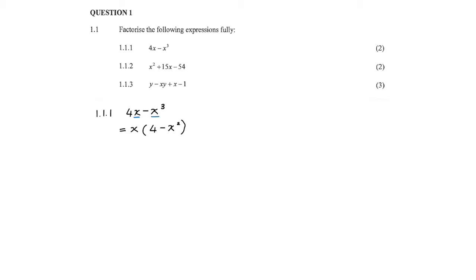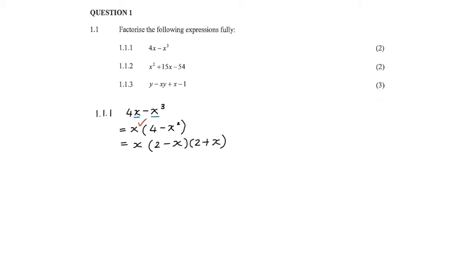Step 2, factor further by recognizing that 4 minus x squared is a difference of squares. So now, if we factorize 4 minus x squared, it becomes 2 minus x multiplied by 2 plus x. So the fully factorized expression is x multiplied by 2 minus x multiplied by 2 plus x.